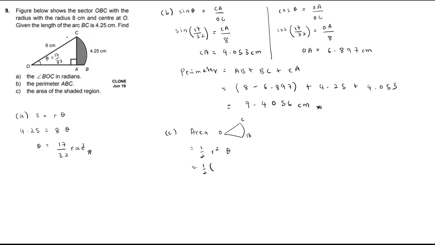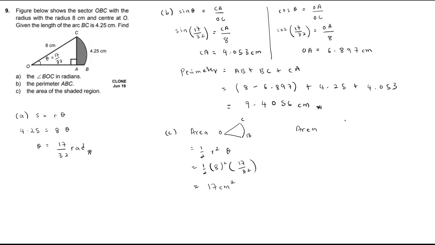The radius is 8 cm. So 8 square. And the theta is, okay, again, theta is the same, 17 over 32 radian. Okay, make sure calculated in mode radian. So you should get area of sector as 17 cm square.